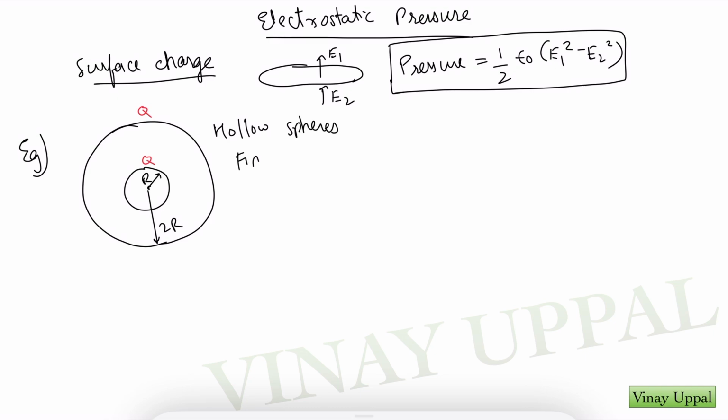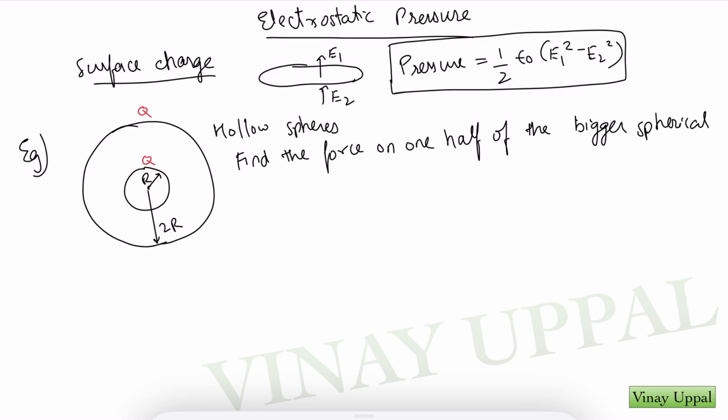So the question is asking us, find the force on one half of the bigger sphere, the bigger spherical shell. So this blue section, what is the net force on that? That is what is being asked. So if I can get the pressure on the blue section, I can multiply it by the cross sectional area, or the projected area, to get the force.